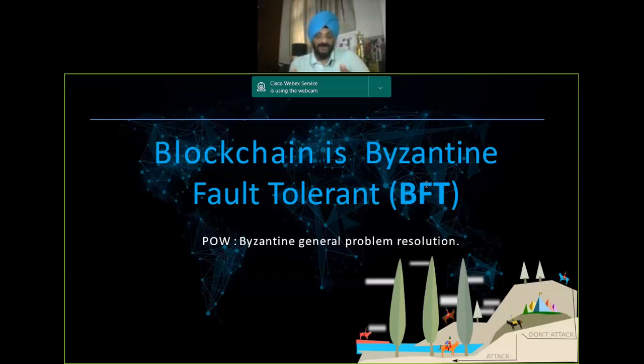Telangana was the first state. West Bengal started having birth certificates on the blockchain. So there is a lot of impetus on the blockchain in the country, and people are going for it. Like I told you, this technology is slow moving but very strong, and there are a lot of startups in the blockchain today.